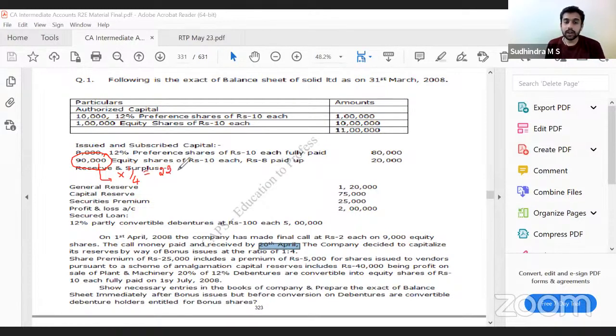Now, can we directly pass journal entries for bonus issue? We should make fully paid up. The convertible debentures should also be considered. Correct. So with regard to that, what is the provision that we have learned for convertible debentures?